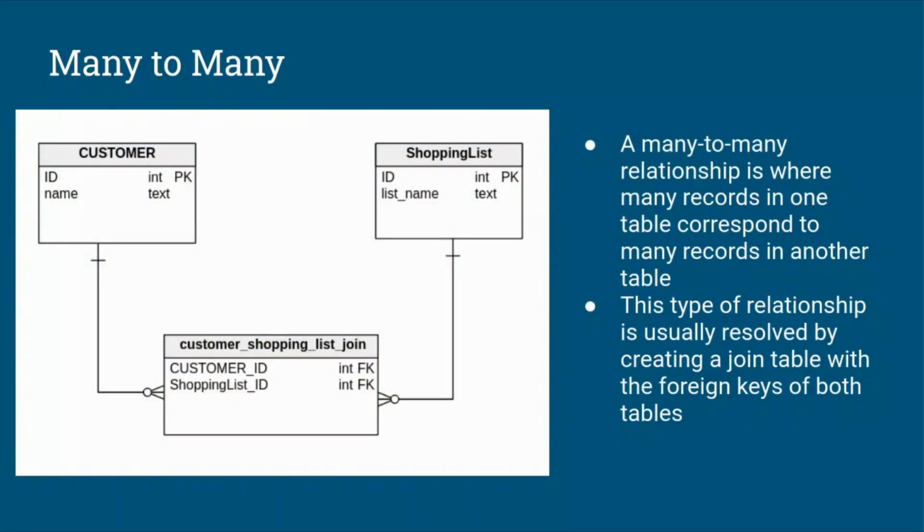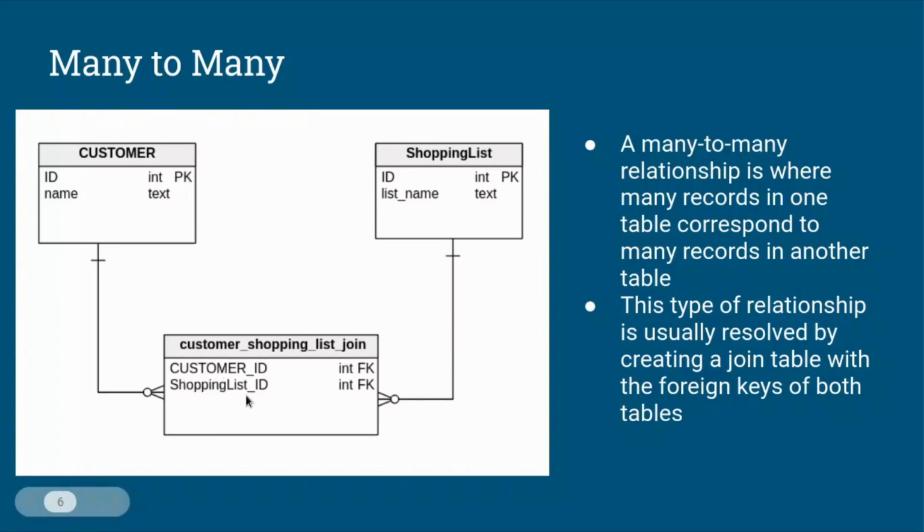A many-to-many relationship is where many records in one table correspond to many records in another table. This type of relationship is usually resolved by creating a join table with the foreign keys of both tables. When you look closely here, you can see we have a shopping list, a customer, and another table called the customer shopping list join.